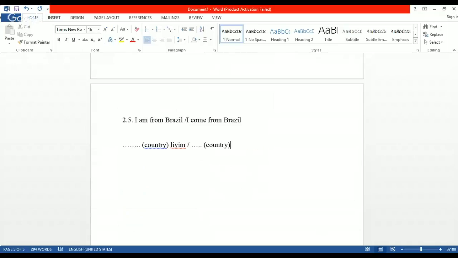Sorry, these are all suffixes. Like that. So, for example, Meksikalıyım. Again, the suffixes are the same. The only difference is that the last vowel in Meksika is A, which makes the suffix lıyım rather than liyim. This basically means I am from Mexico. Hindistanlıyım. I am from India.